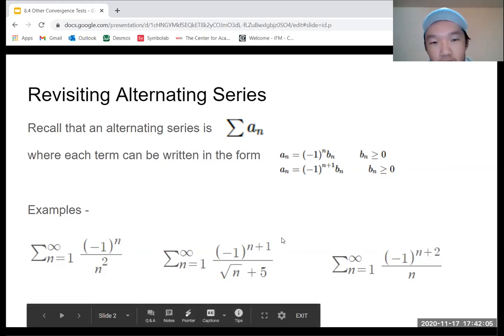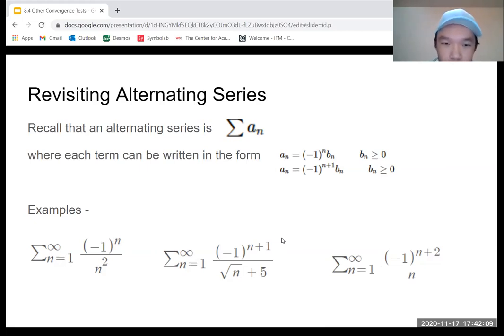All right, what about the second series? What is b sub n in the second series? One over square root of n plus 5. Yep, very good. So that's b sub n in the second series. And then last but not least, the third series.